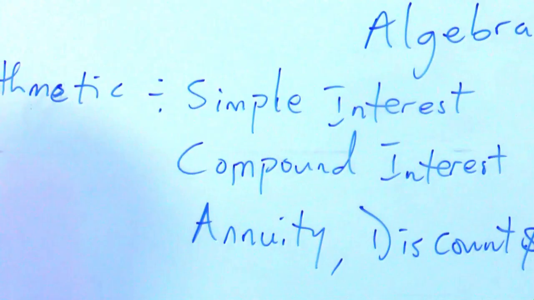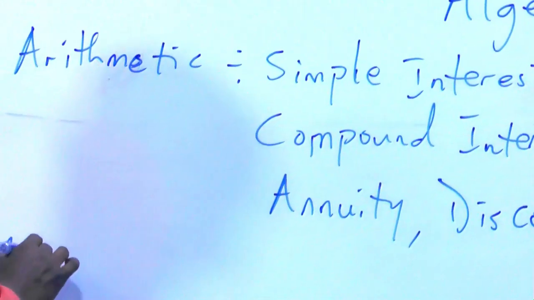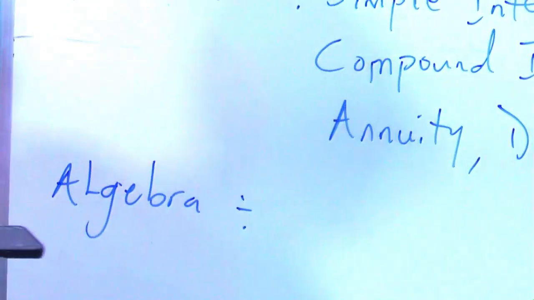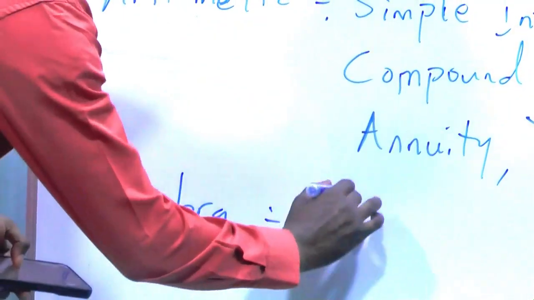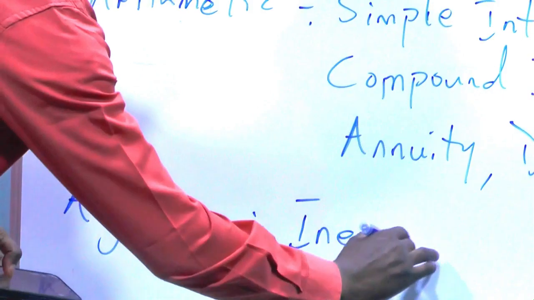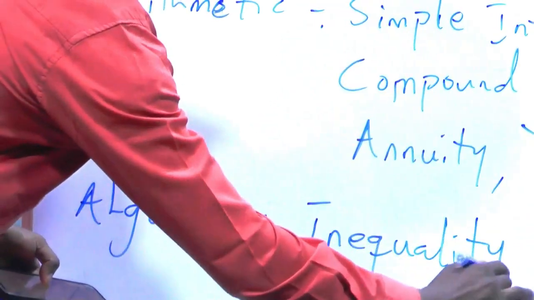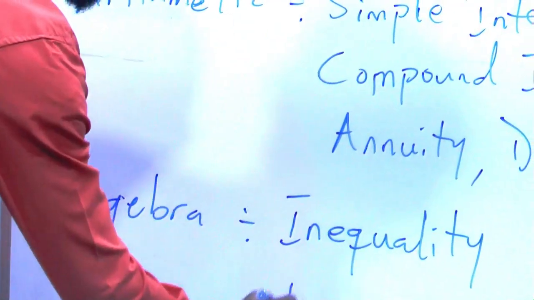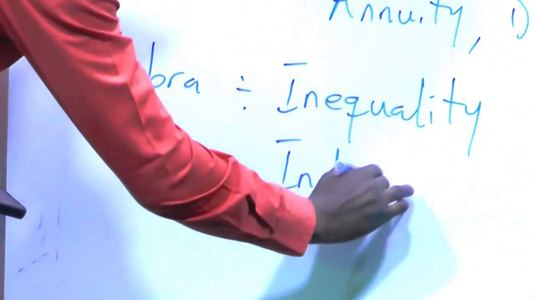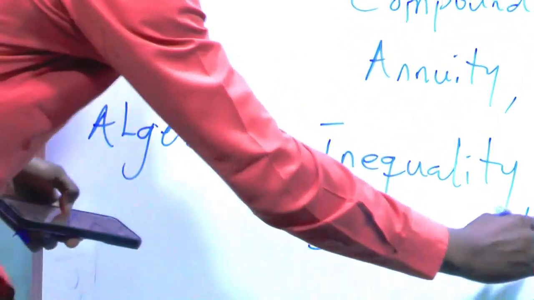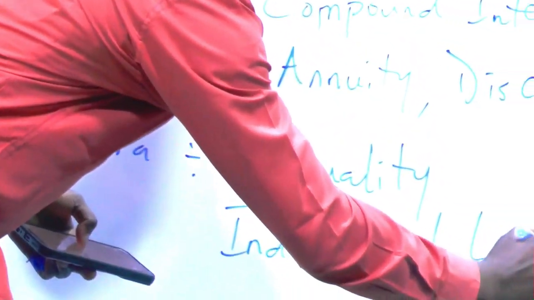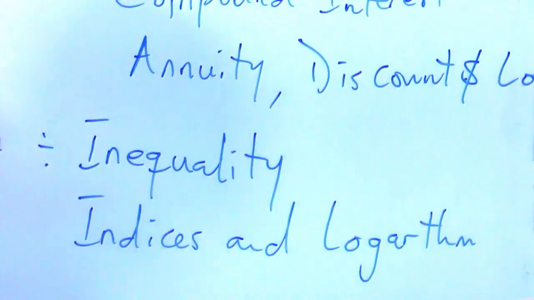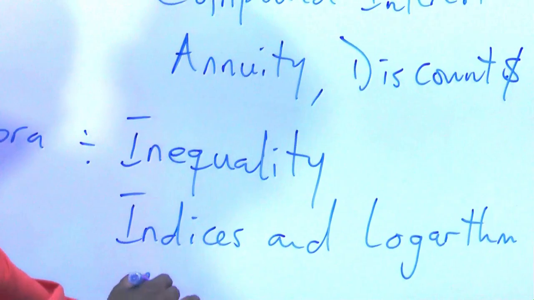Under the algebra now, we have what we refer to as inequalities. Then we have indices and logarithm. We have indices and what? And logarithm. Then we also have variables.